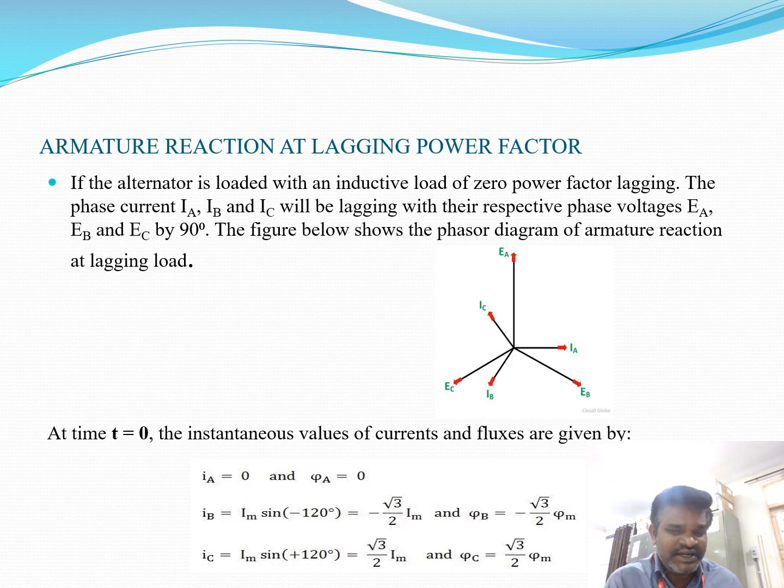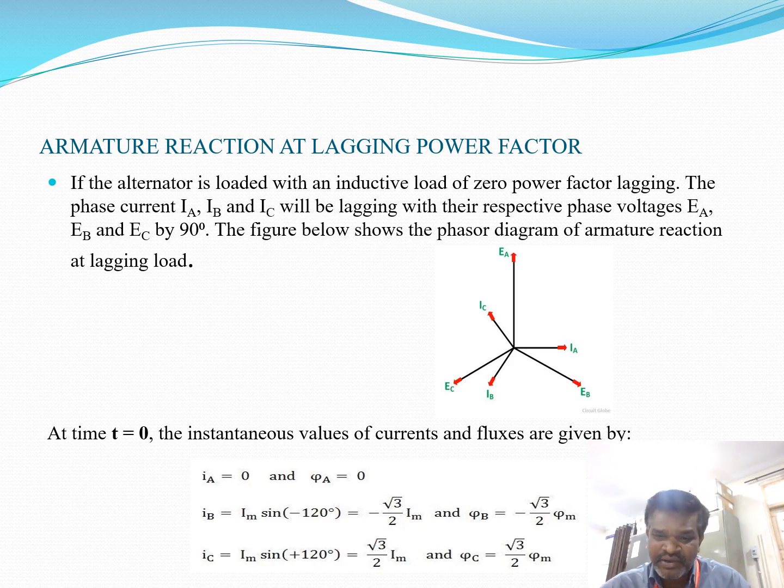It means the effect of resistance is not considered. Here I am considering my load is a purely inductive load. So the phase currents of the three-phase circuit IA, IB and IC will lag their respective phase voltages, meaning IA lags EA, IB lags EB and IC lags EC by 90 degrees.